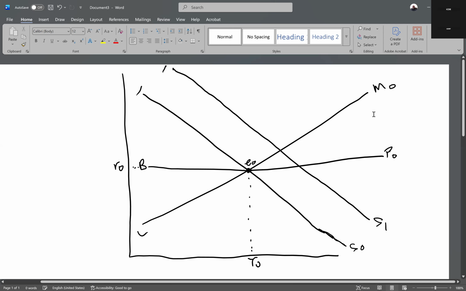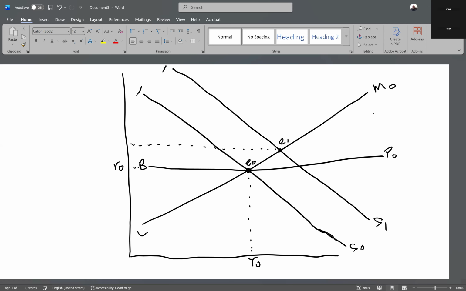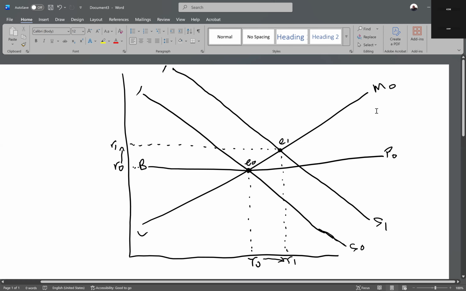Where it meets the LM curve, it's here. Call it E1. Fiscal policy will lead to what? An increase in the interest rate from R0 to R1, and then income would have increased from Y0 to Y1. E1 is a partial equilibrium.